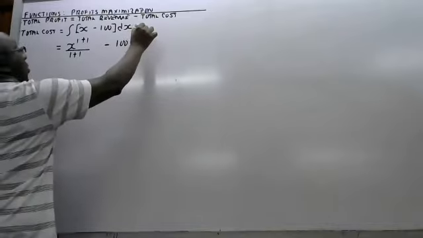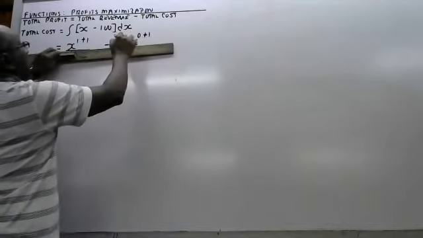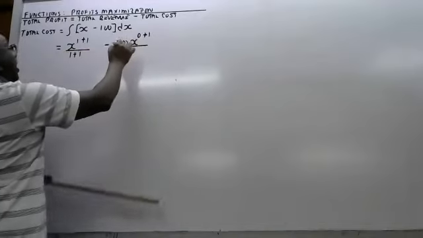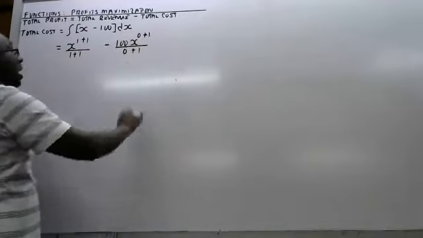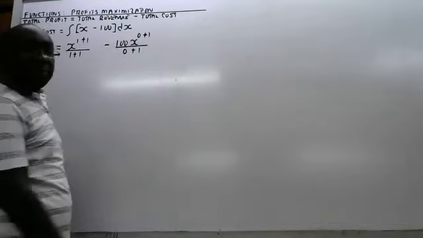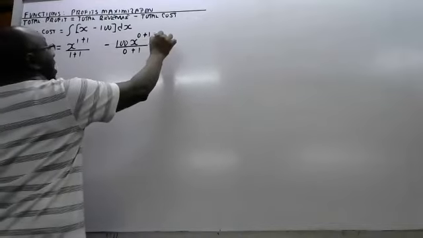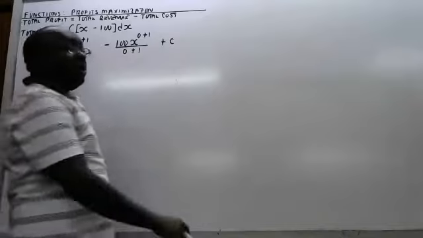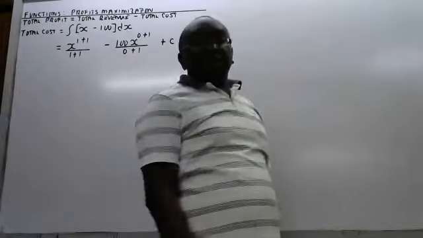You add back 1, you divide by 0 plus 1, the new power, and then you add c, which is called the constant of integration.